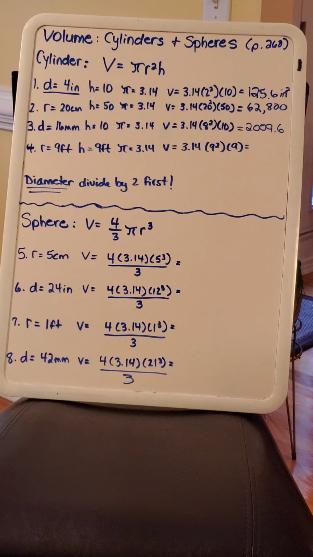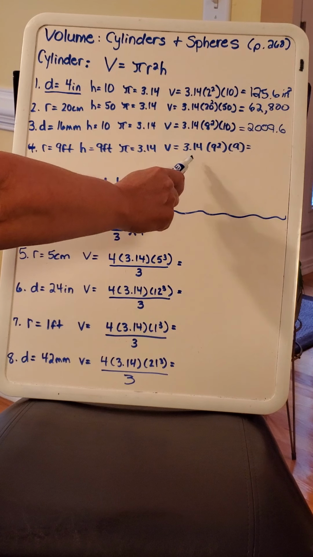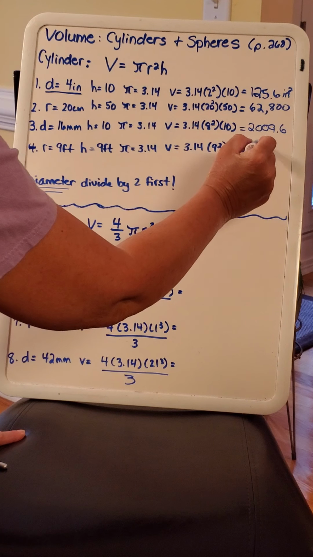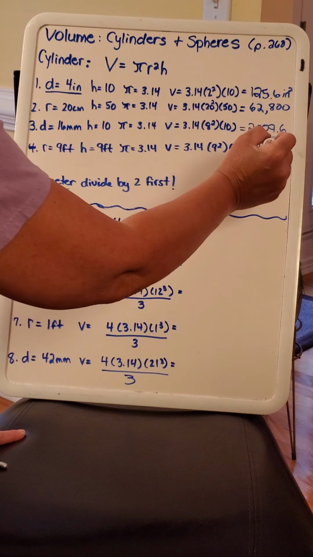Number 4, they give us radius, so we don't have to divide by 2. All right, but we are going to square it first. So 9 squared is 81. 81 times 3.14 times 9 is 2289.06.